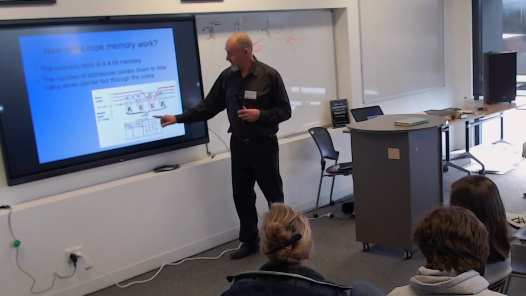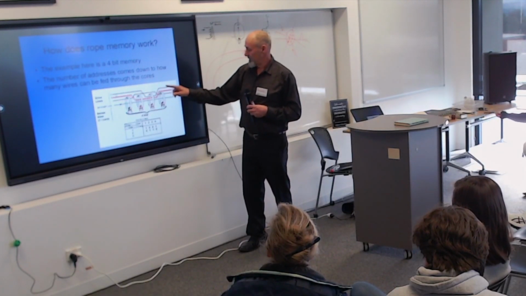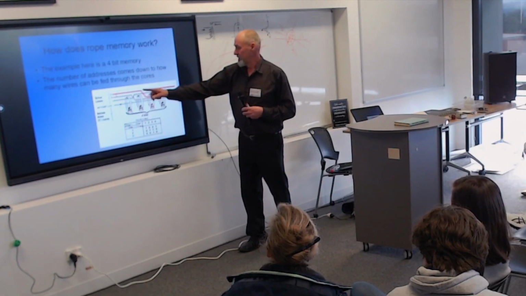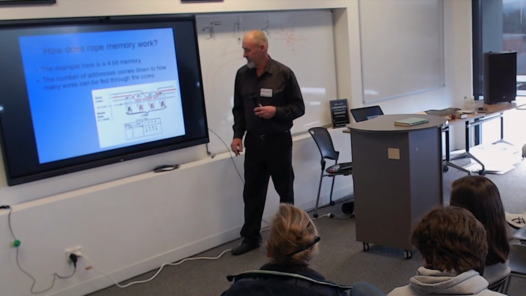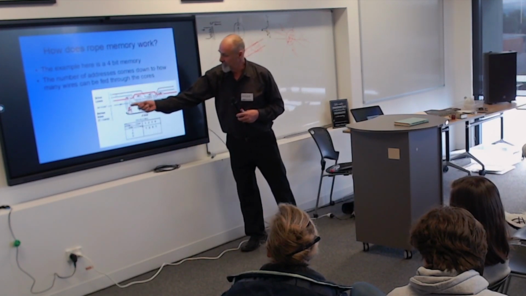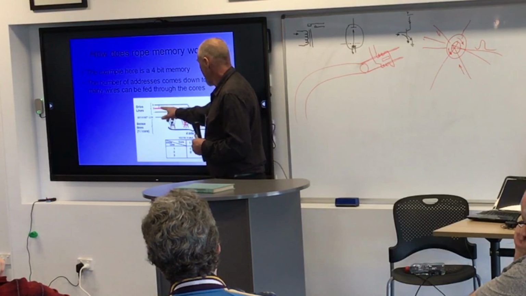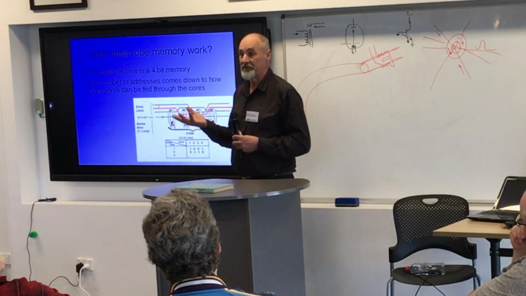Something's detected here, so we'll call that bit a 1. Nothing detected here, so we'll call it a 0. So that's 0, 0, 1, 0. And by scrolling through these lines, depending on how the wire is woven through the ferrite beads or not, we've stored data.